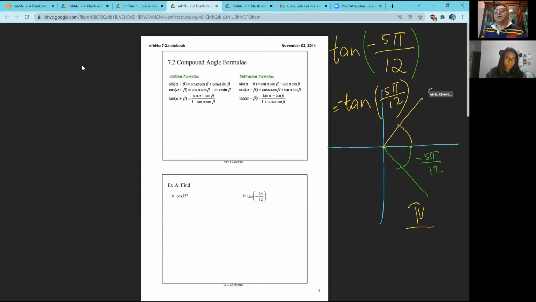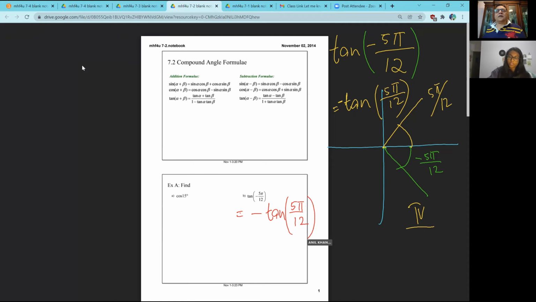This is 5 pi by 12 in quadrant 1, which is a positive value. Do you see that? So I have modified this particular question. And the first step which I did was, I wrote that equals to minus tan 5 pi by 12. Okay, yeah.